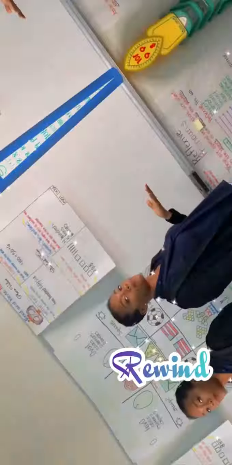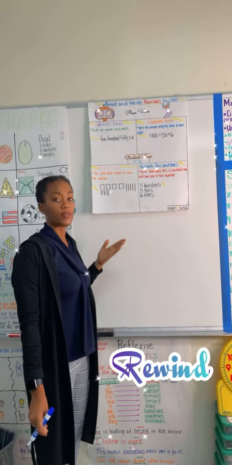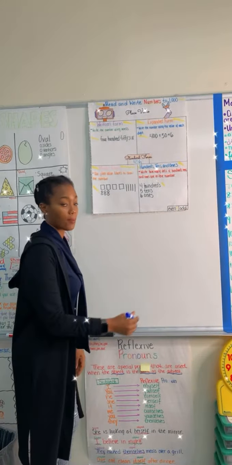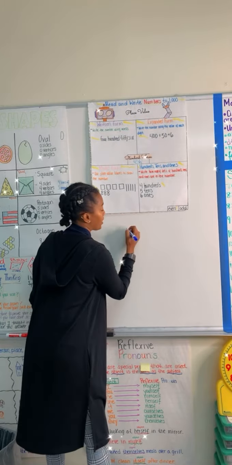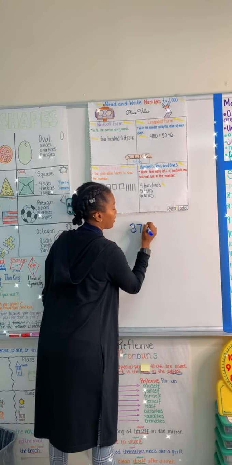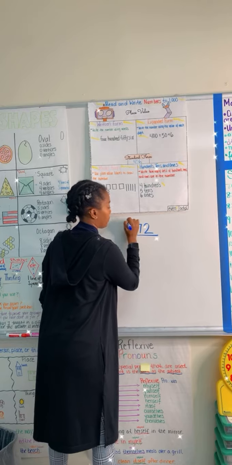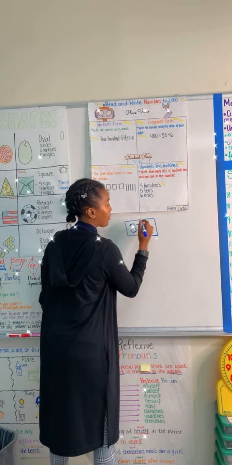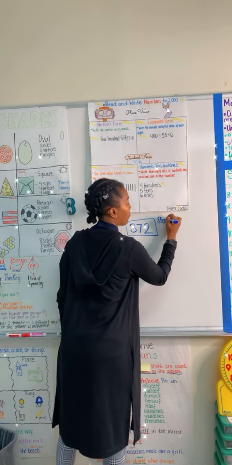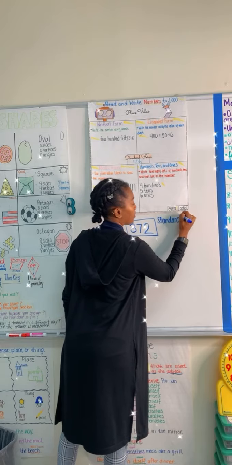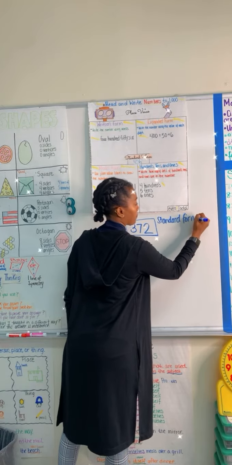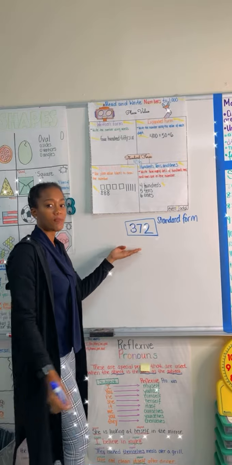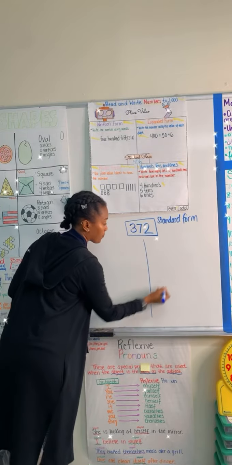Let's try an example using all of the different ways that we can read and write numbers. So let's give a number of 372. This number is going to be our number in what we call standard form. Standard form is just the basic number as you see.